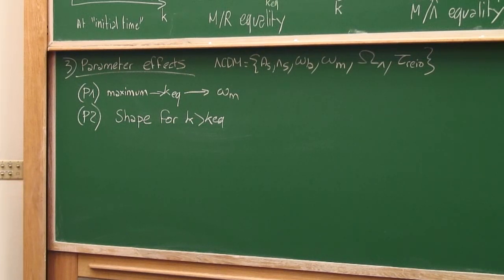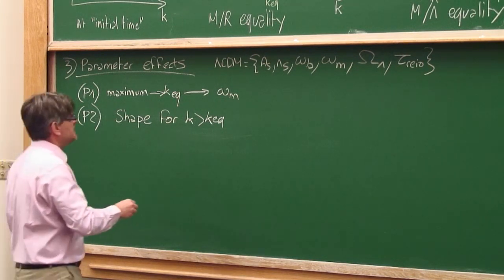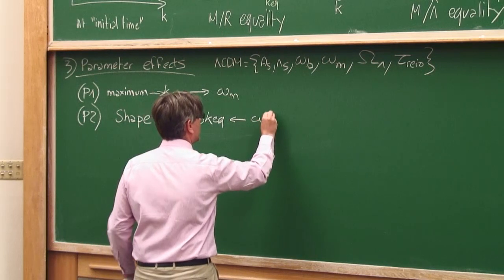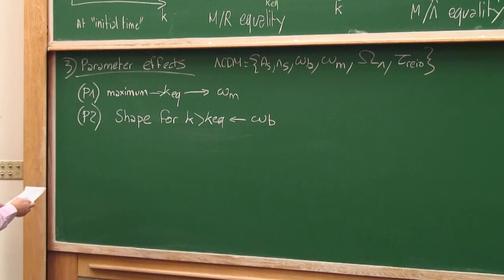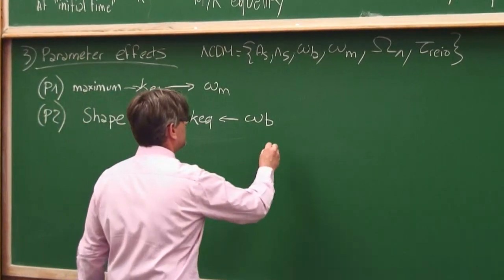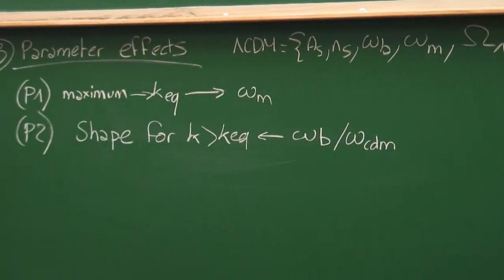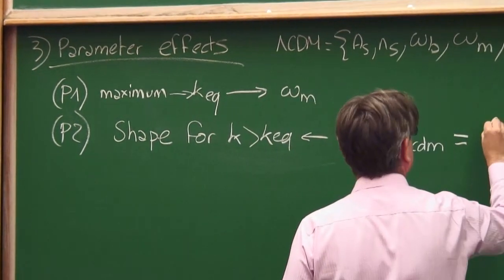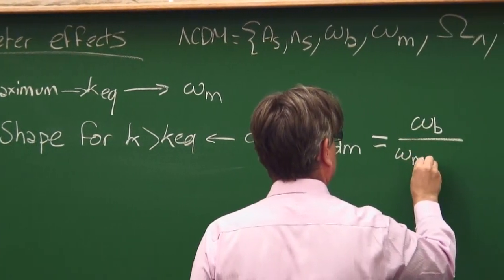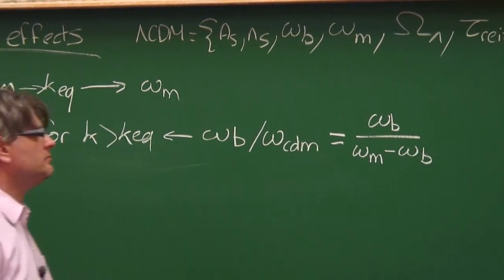In a model with many more baryons than CDM, there would be a dramatic reduction of the power spectrum and huge oscillations here. So the shape for k larger than k_equality is controlled by omega baryons. What matters, if we want to be precise, is the relative weight of baryons and dark matter, so the ratio omega_b over omega_cdm. In terms of this parameter basis, you can just write it like this.